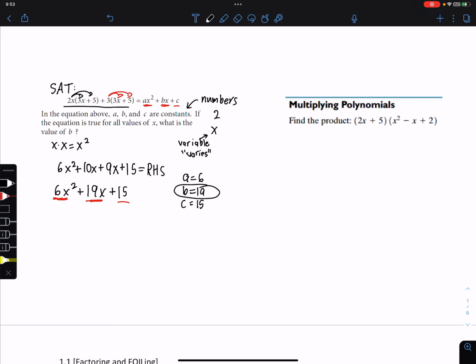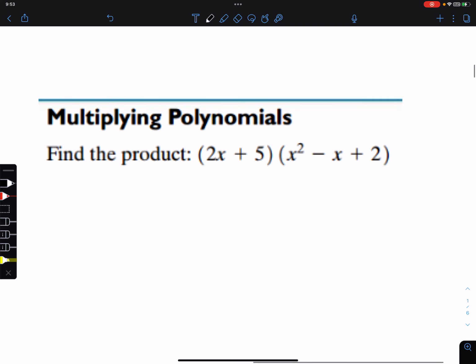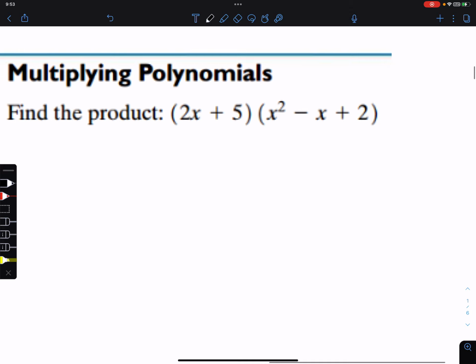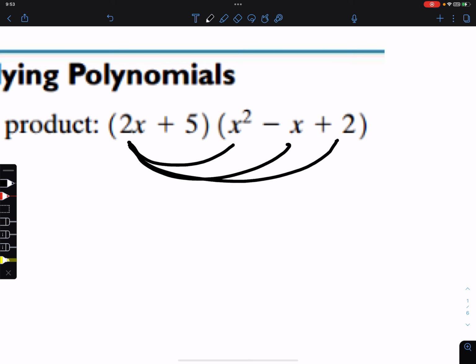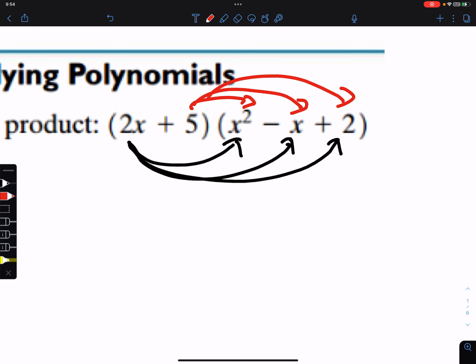Okay, so let's go ahead to multiplying polynomials. So when we multiply a polynomial, what we do is first we distribute the 2x just like how we would anything, and then we do it again with the 5, okay? And I'll do some color coding.